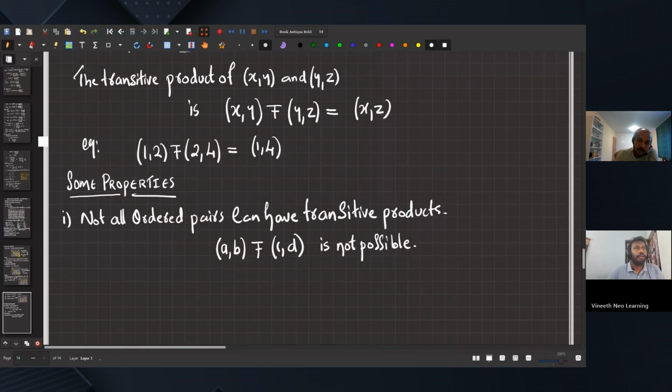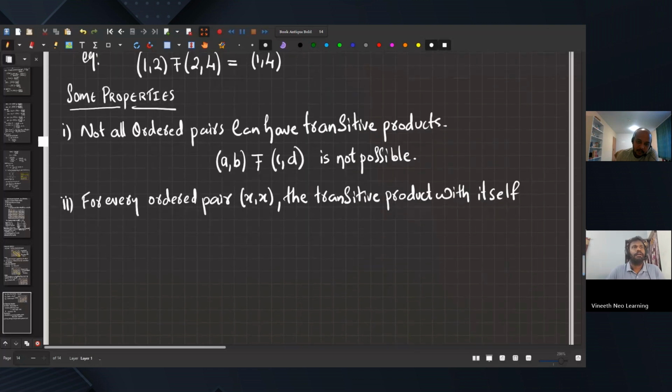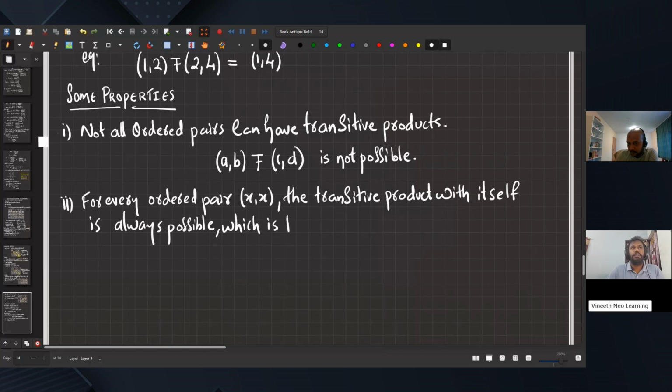Okay. The second property is, for every ordered pair (x, x), the transitive product with itself is always possible, which is the ordered pair itself.